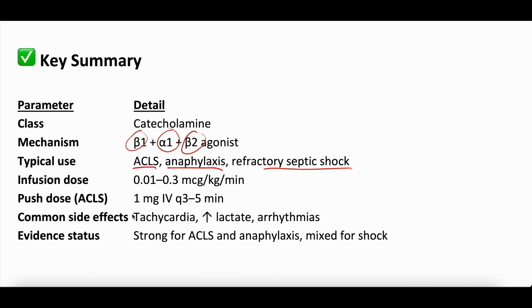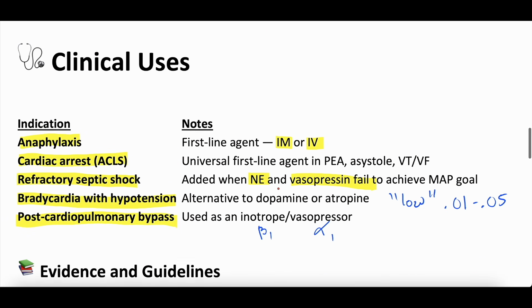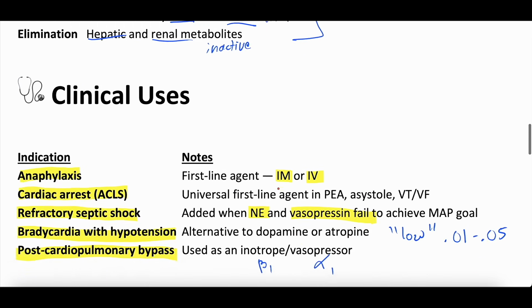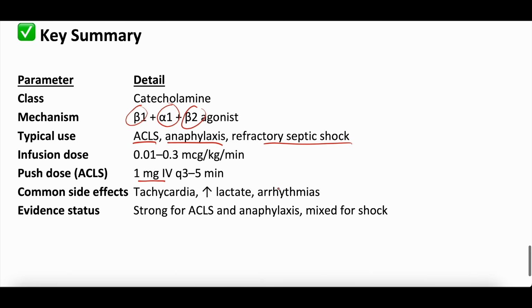In ACLS, the push dose is 1 milligram IV every 3 to 5 minutes. And in anaphylaxis, it is 3, oh goodness, did we blank on the dose? You caught us. It is 0.3 to 0.5 milligrams intramuscular, that you can give every 5 to 15 minutes.